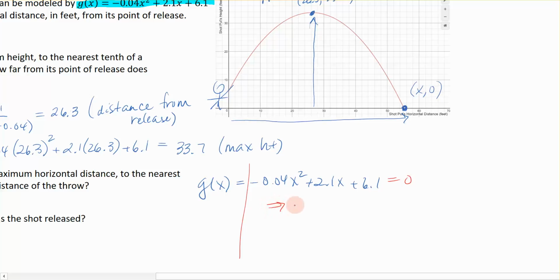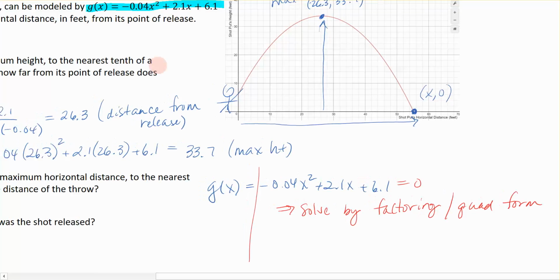We want to either solve using factoring or the quadratic formula. Because really, to contemplate having to factor 0.04 using trial and error is just not something I'm anxious to do. And I could use the quadratic formula using the a, the b, and the c that you are given here.